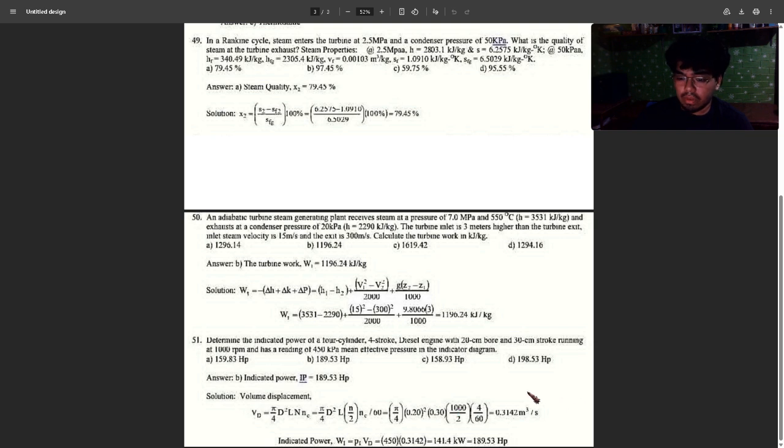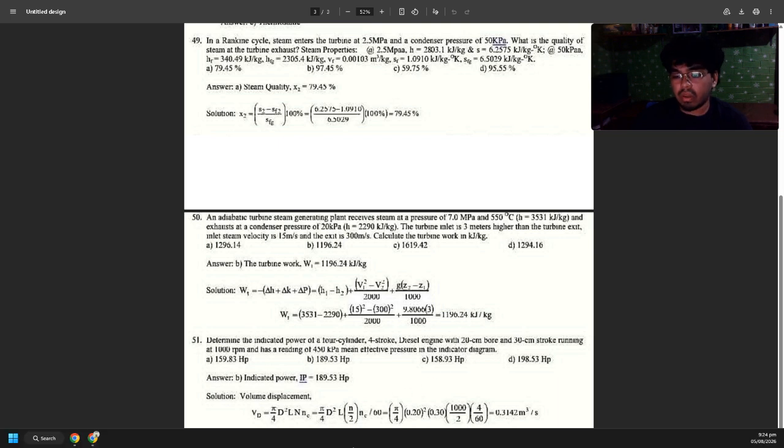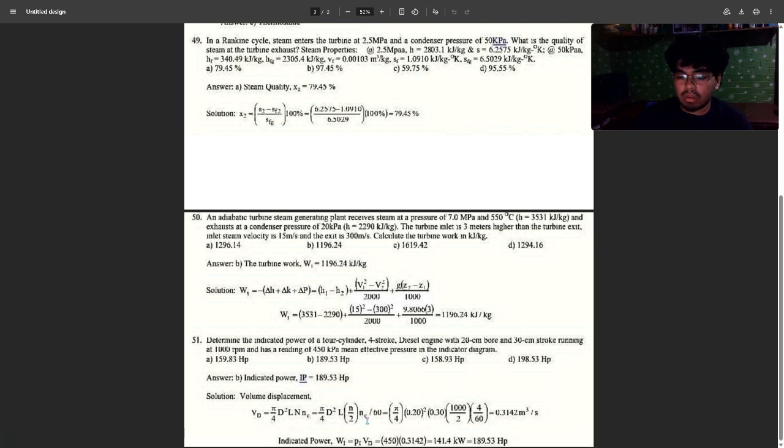So after that, since we already have the volume displacement, we can now solve the indicated power. Indicated power is equivalent to P times displacement volume.